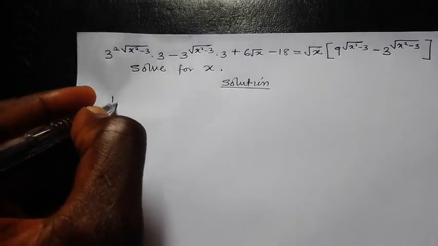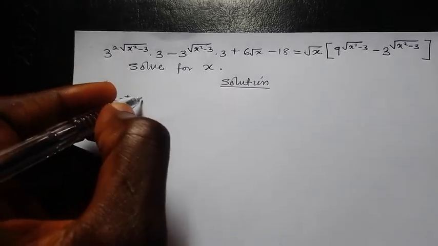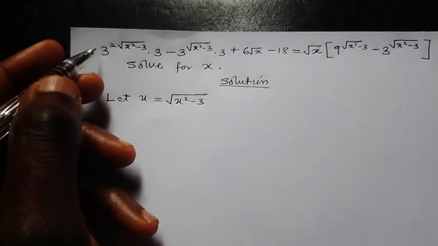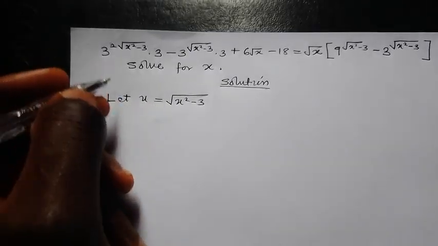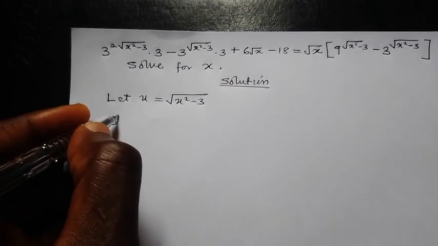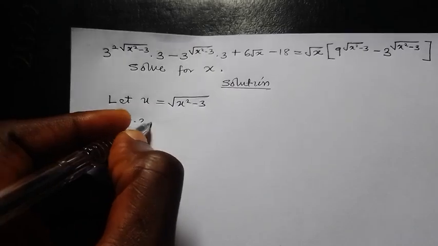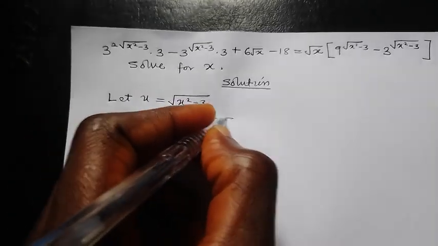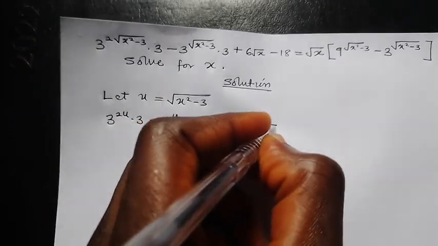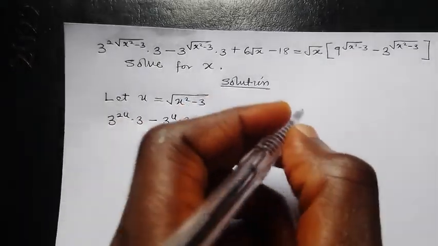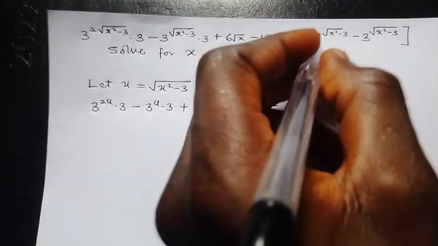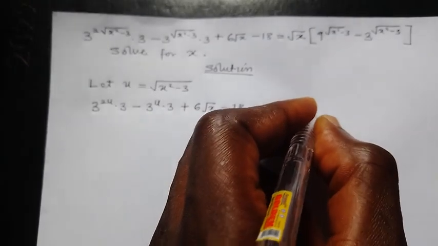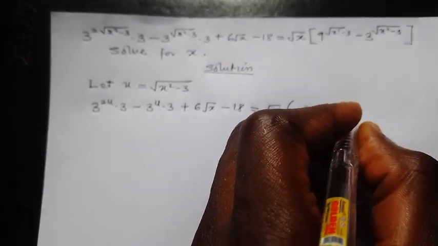So let's just say let u equals to x squared minus 3, such that if we do this, let's put this into the equation, then we have 3 raised to the power 2u multiplied by 3 minus 3 raised to the power u multiplied by 3 plus 6 root x minus 18 equals to root x open bracket. Now 9 can be written as 3 to the power of 2, so we can say 3 to the power of 2u minus 3 to the power of u.